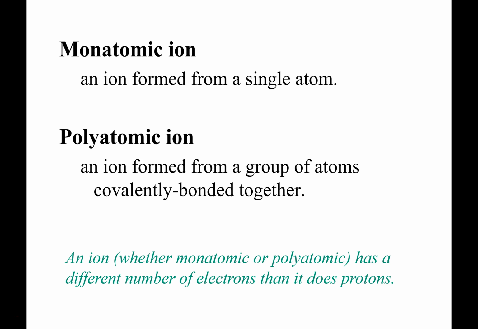We have these 4 atoms, 1 nitrogen and 3 oxygens, running around. If you count up the protons, there's 1 extra electron than there are protons in those 4 atoms. So it's a -1 charge. It's a polyatomic ion.